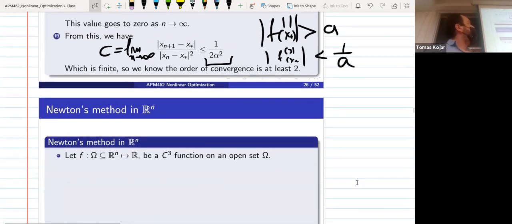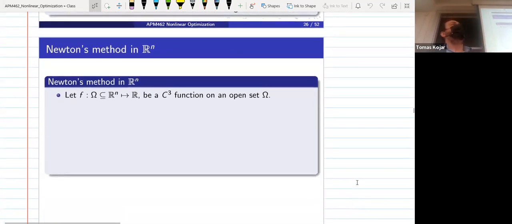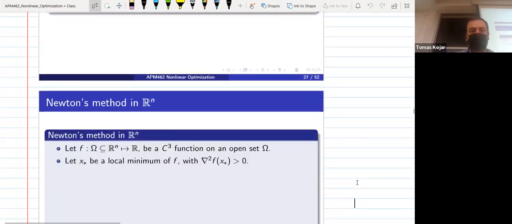And this p is not sharp, so meaning it could be plus. So it could be 2 plus epsilon. All right. This is 1D. The world is not 1D. So let's talk about higher dimensions.